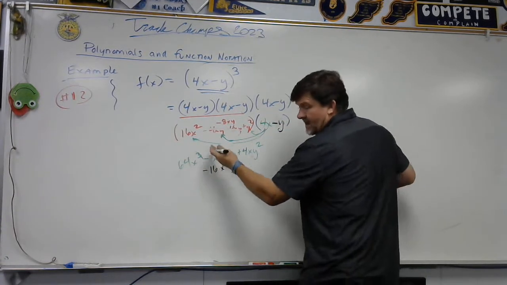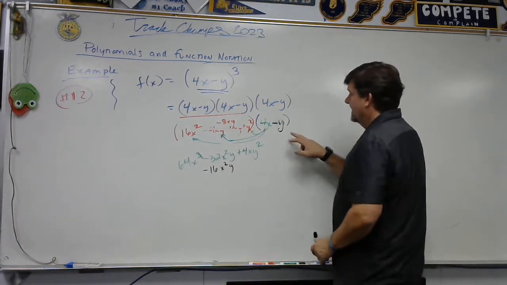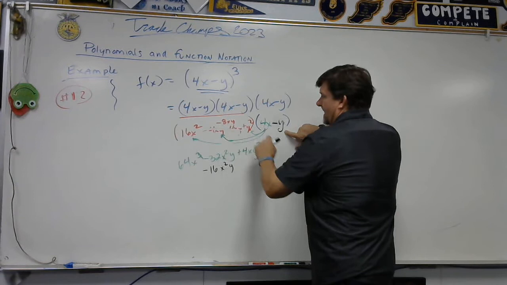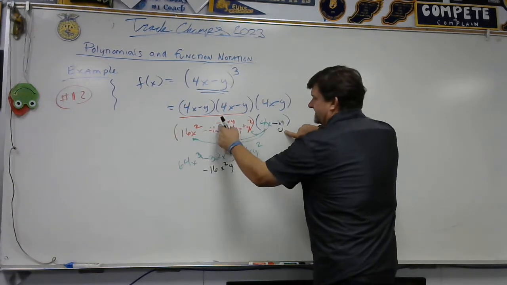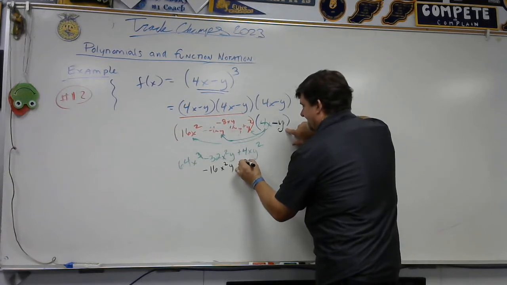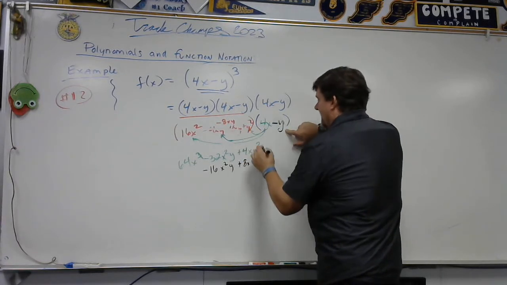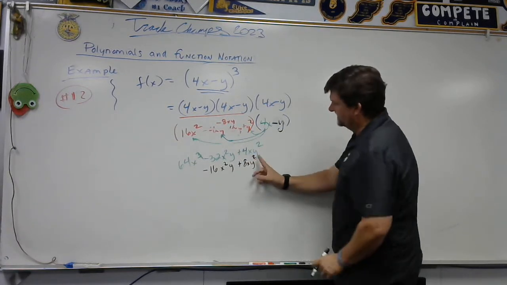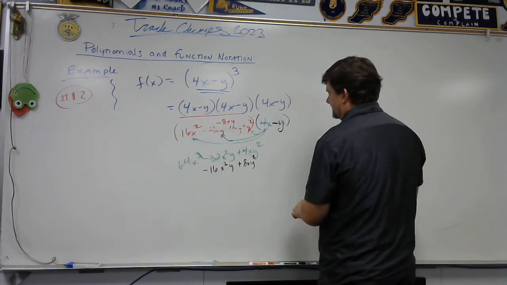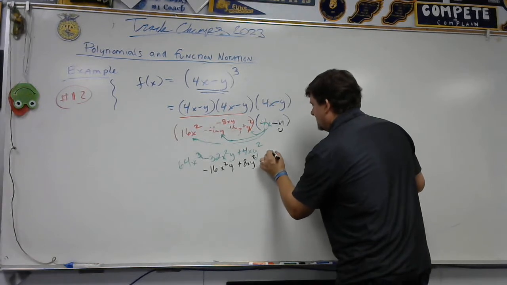Notice how I lined them up. We lined our columns up here. Then I'm going to do negative y times negative 8xy. So that's going to be negative times a negative is a positive. 8 times x, y times y. Notice they're the same. And I'm going to do the last one here. Negative y times y squared gives me negative y cubed.